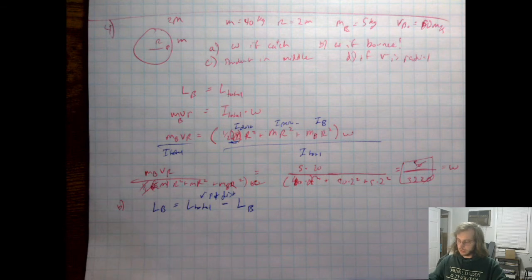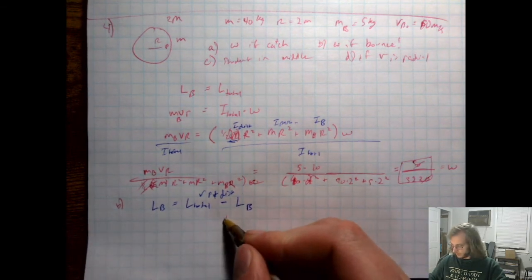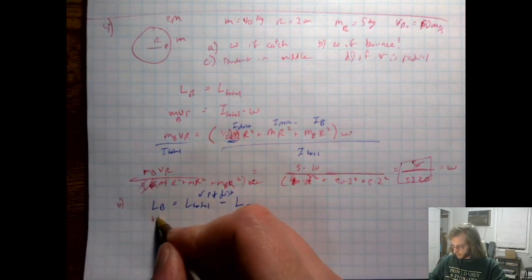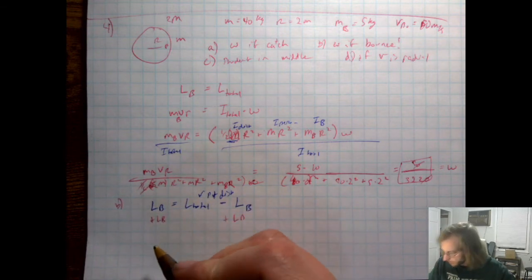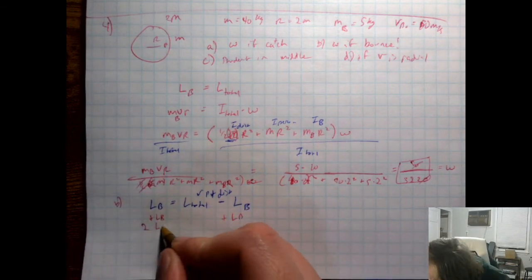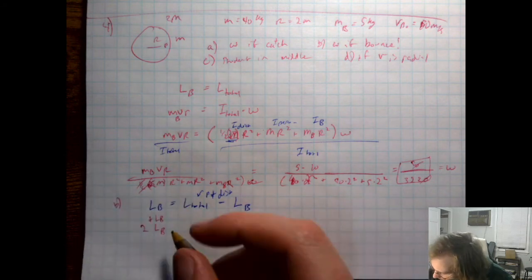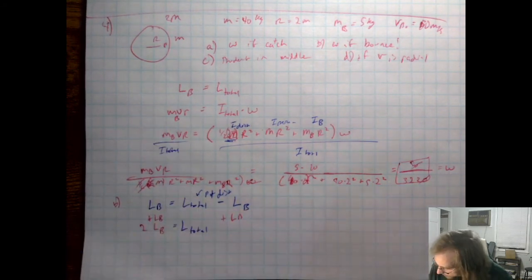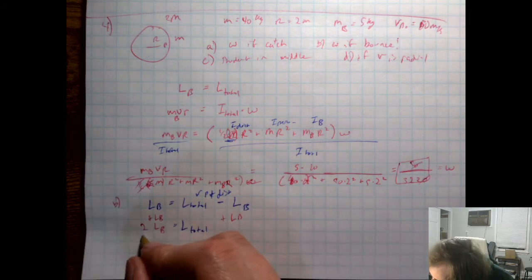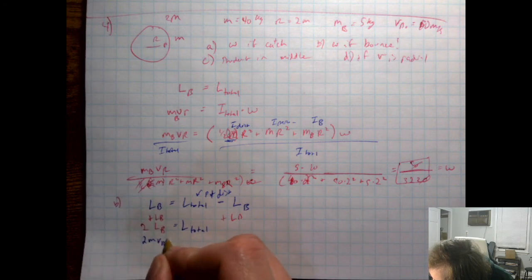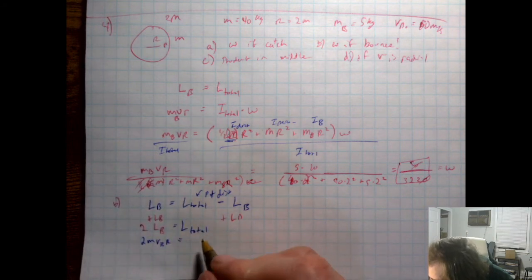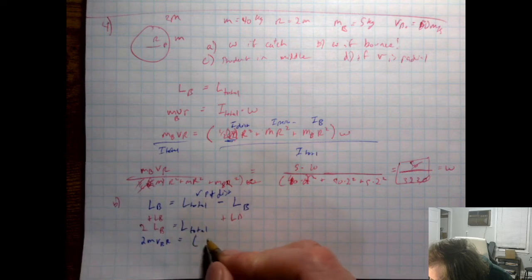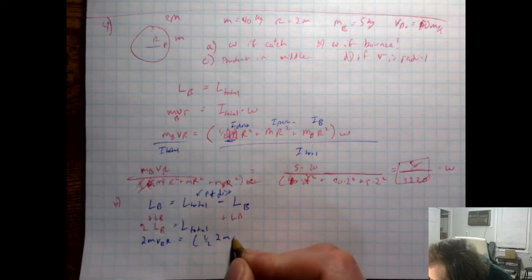So if we add L_B to both sides before we do anything here, we'll get double the angular momentum for the ball, which needs to equal our total angular momentum of our total objects. Double the angular momentum for the ball will equal 2 m_B v_B r, which will equal our angular momentum for the 2 objects instead of the 2 objects and the ball.